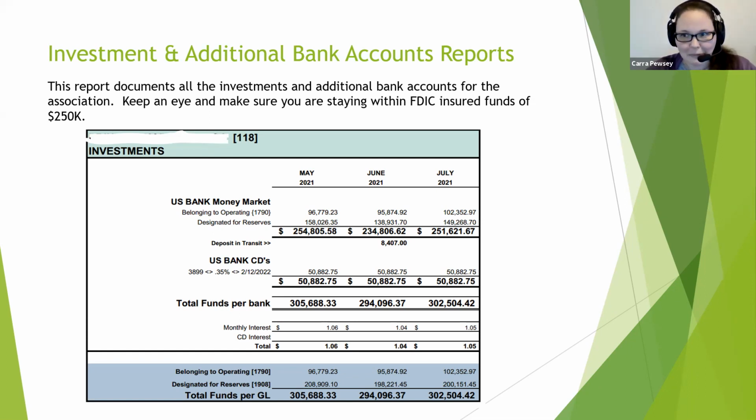Now, we are not investment bankers, so we cannot necessarily help you invest the money, but we can point you in the direction of people who can. The absolute easiest way to invest money is with US Bank using their CDARS, and we could give you Craig's information, and he can get that set up for you, or we can cut you a check and you can open up another bank account or an investment at a different bank.